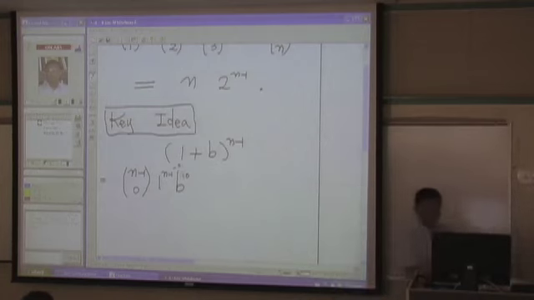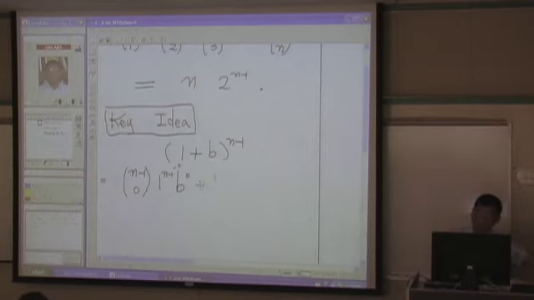And then the next term is n minus 1 choose 1, and then 1 to the power of n minus 1 minus 1, and then b to the power of 1.